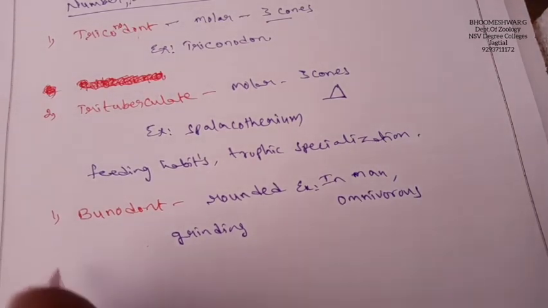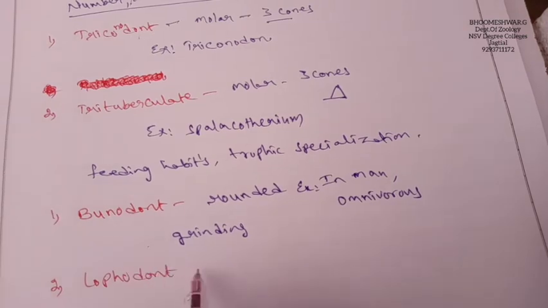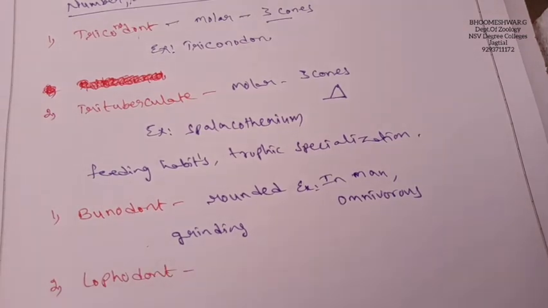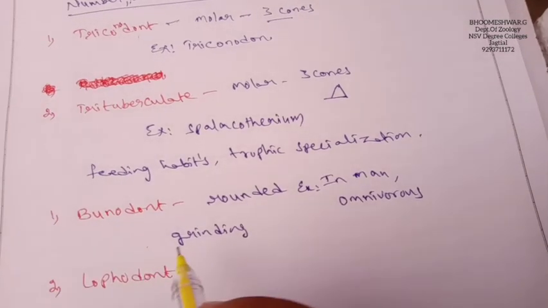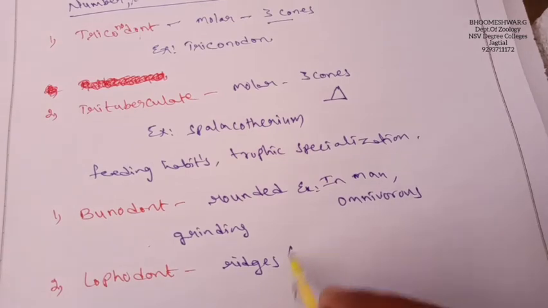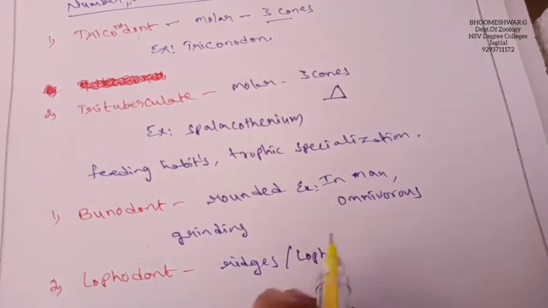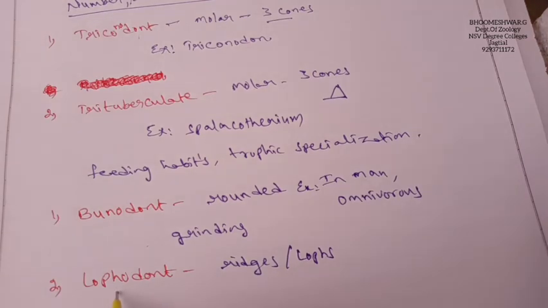Another type of cusp pattern is called lophodont. In this condition the cusps are joined to form many ridges or lobes, so this type of tooth is called lophodont.